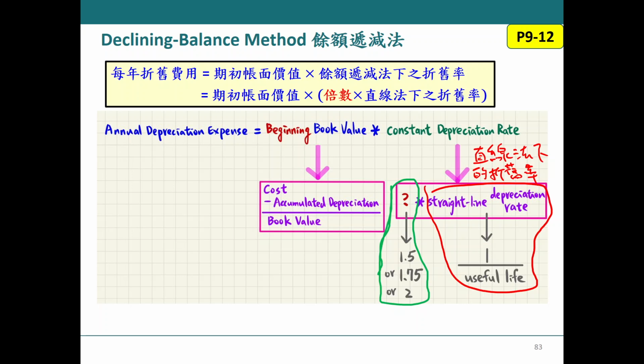We use it to determine how fast the value decreases.